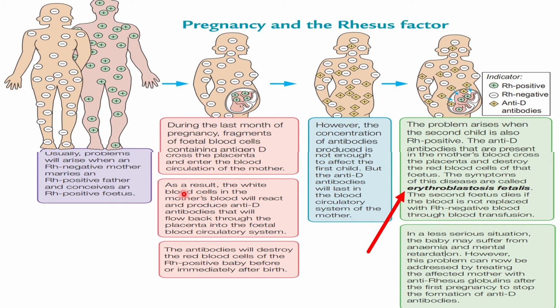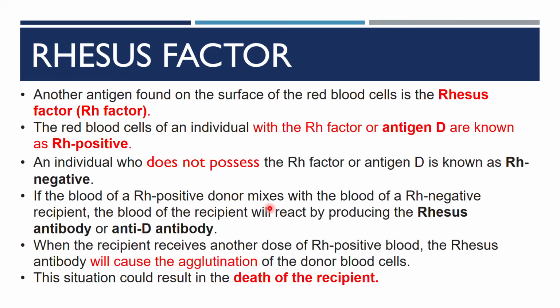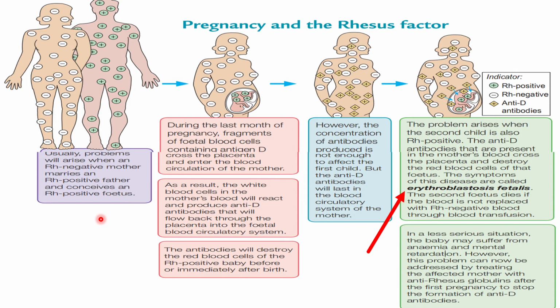Let's recall that those who are rhesus positive have antigen D. Now the white blood cells in the mother's blood will react. This is the case where an Rh positive donor is mixed with an Rh negative recipient.